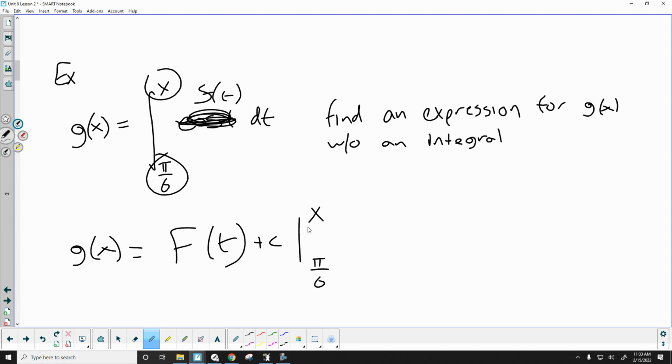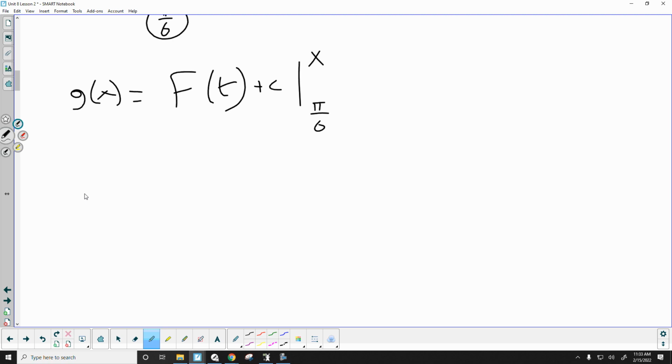This is different. We're used to like 2 numbers, but now I have like an x and a pi over 6. Now remember, you plug in your final position minus your starting position, the c's will go away. So I get big F of x minus big F of pi over 6. Okay, cool.